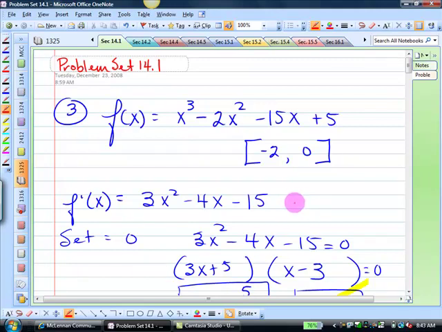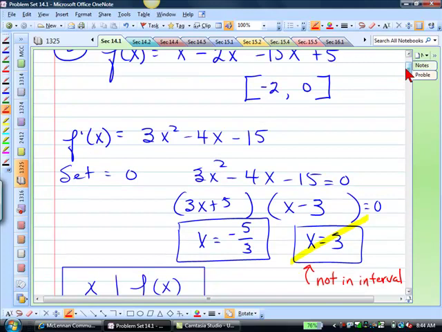Once you have the derivative, you're going to set it equal to 0. So set it equal to 0, and I factored it, and I came up with 2 values. Those would be the critical numbers.